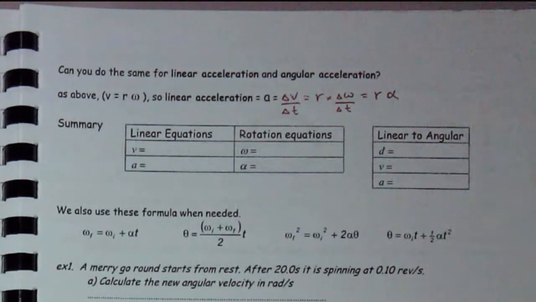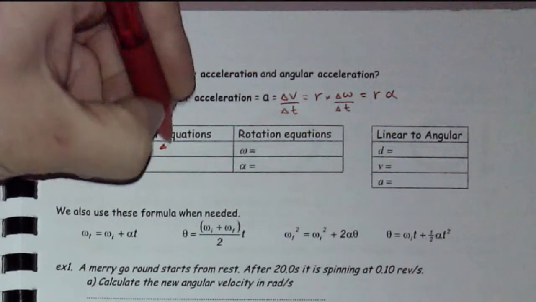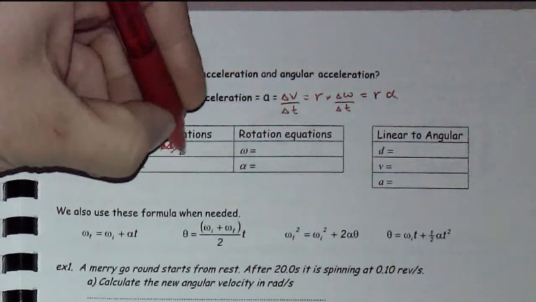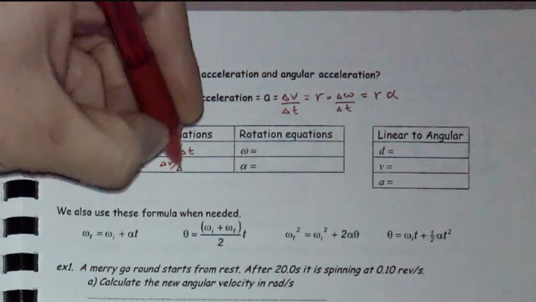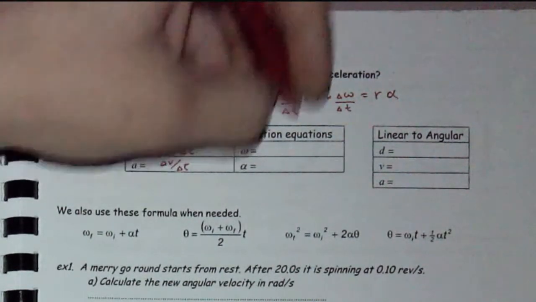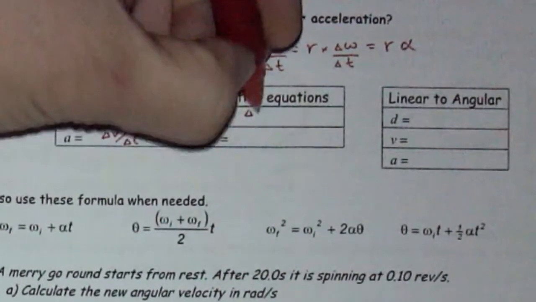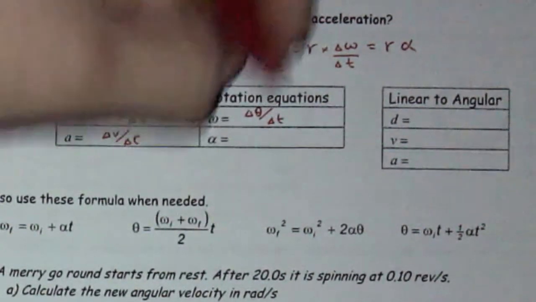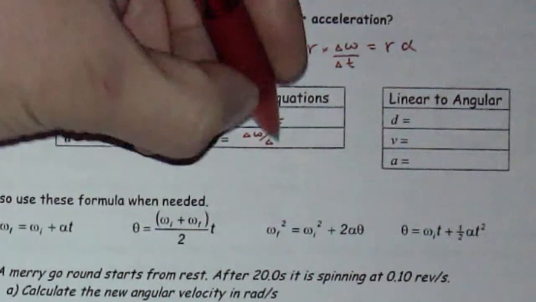So the linear equations: v is change in distance over change in time, and a is change in velocity over change in time. That's what we studied last year. The rotational equations: omega is the change in angular displacement over the change in time, and alpha is the change in angular velocity over the change in time.